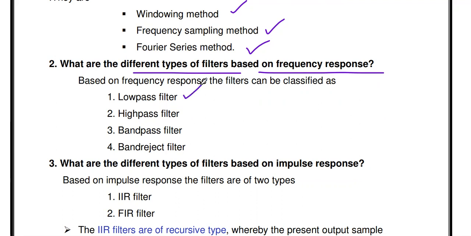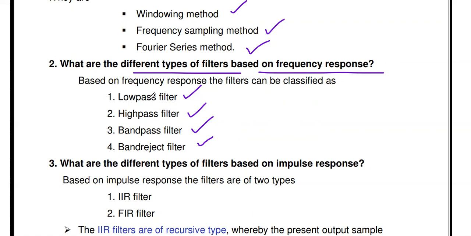One is low pass filter, second is high pass, then band pass, and band reject. Low pass means the filter will allow the frequency from 0 to cutoff frequency. Up to the cutoff frequency it will allow, and the remaining frequencies it will block.